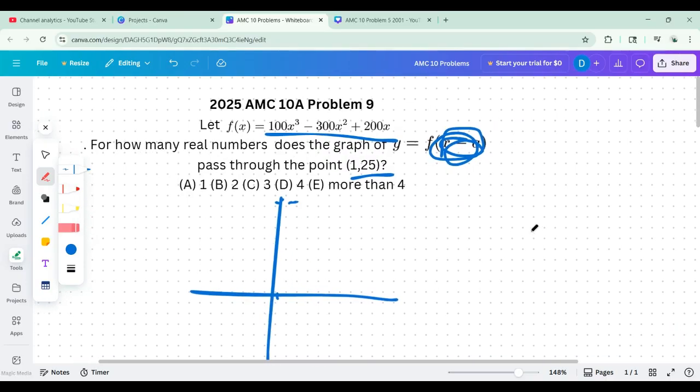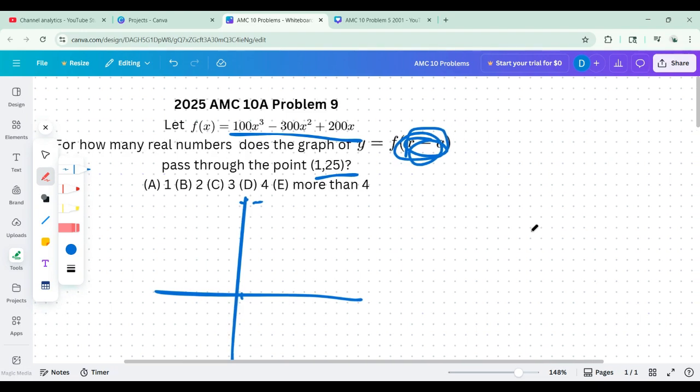And we can use multiple different methods here, but one of the prominent ones is just substituting 125 into the equation. So we have 25 is equal to 100 times 1 minus a, because 1 is equal to x in this point, because it has to equal 25.